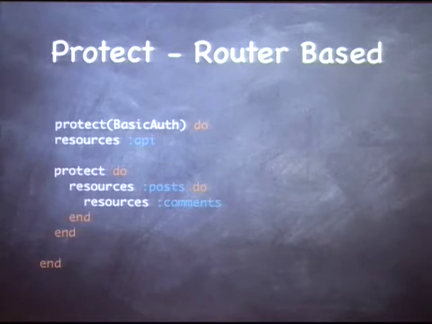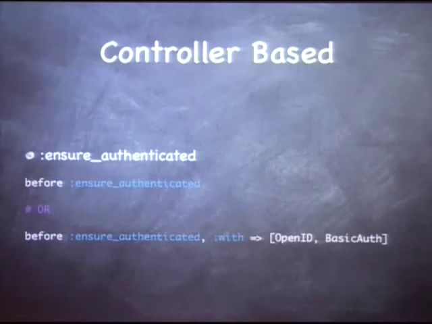So you can do that in the router, and I'm sure that you can get a whole lot more complex than that. You can define fairly fine-grained in the router that you want to protect even just one particular match, if that's what you want to protect with a particular strategy or a group of strategies, if you like. You can pass multiples. So when you want to go to controller base, it's a similar thing.